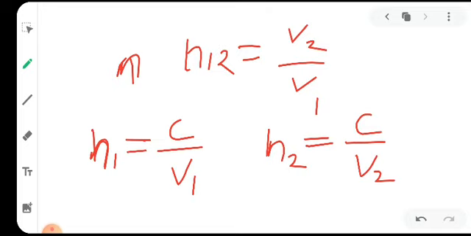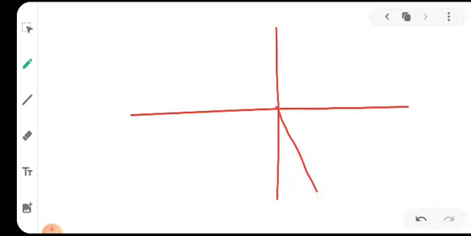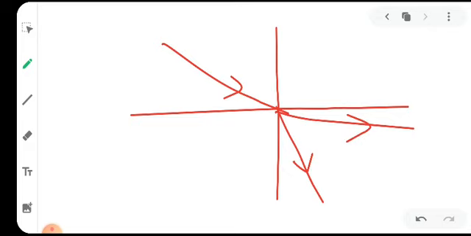So this is how you define absolute and relative refractive index. Using relative refractive index, you can understand whether the beam of light will bend towards or bend away from the normal.